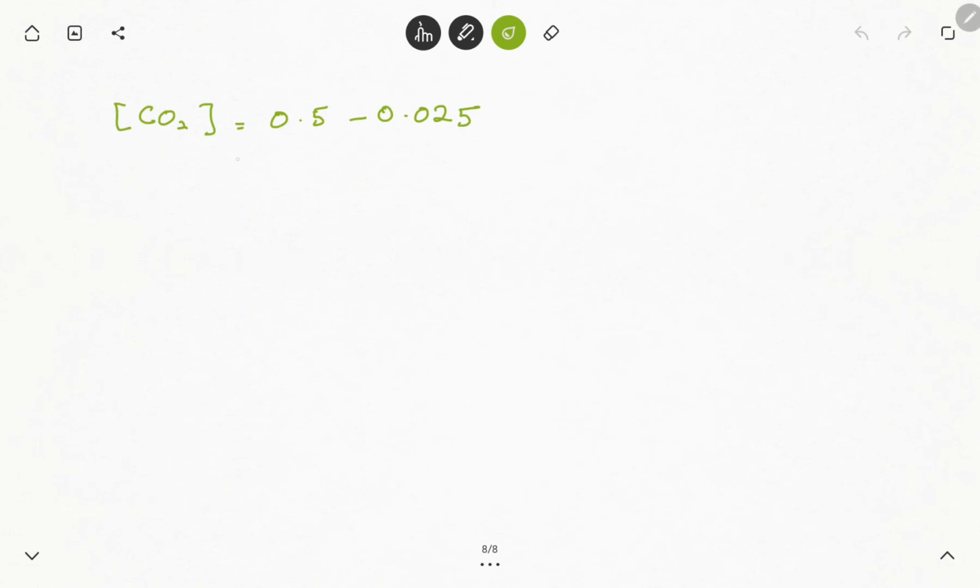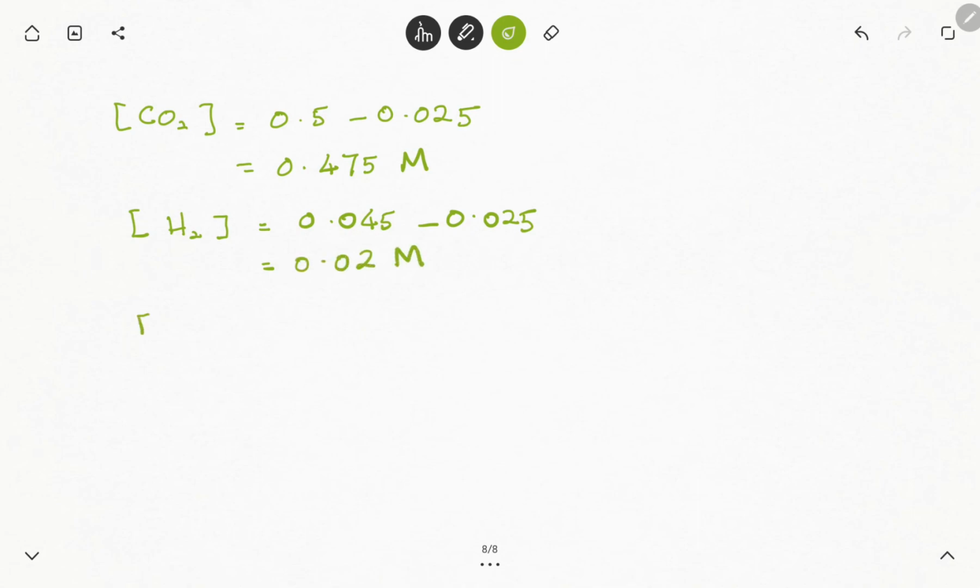So the concentration for CO2 is 0.5 minus 0.025 molar, which is equal to 0.475 molar. The concentration for H2 is 0.045 minus 0.025, which gives 0.02 molar.